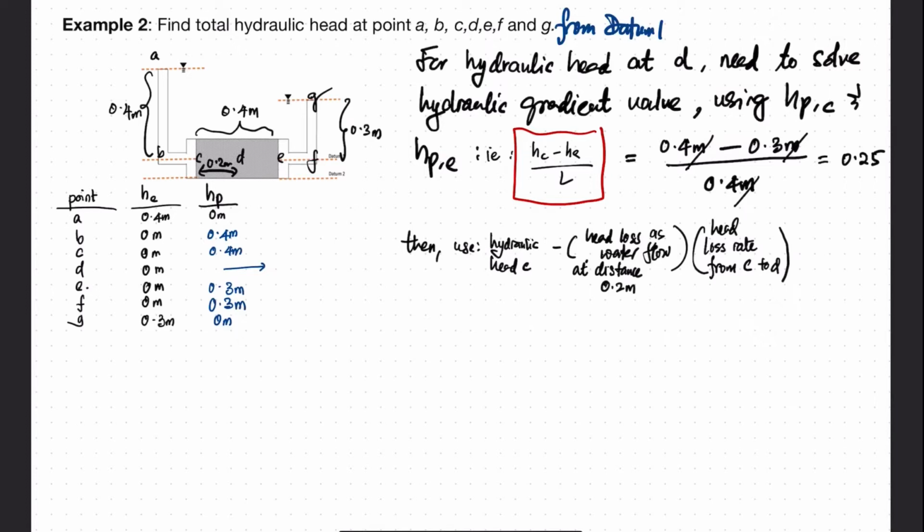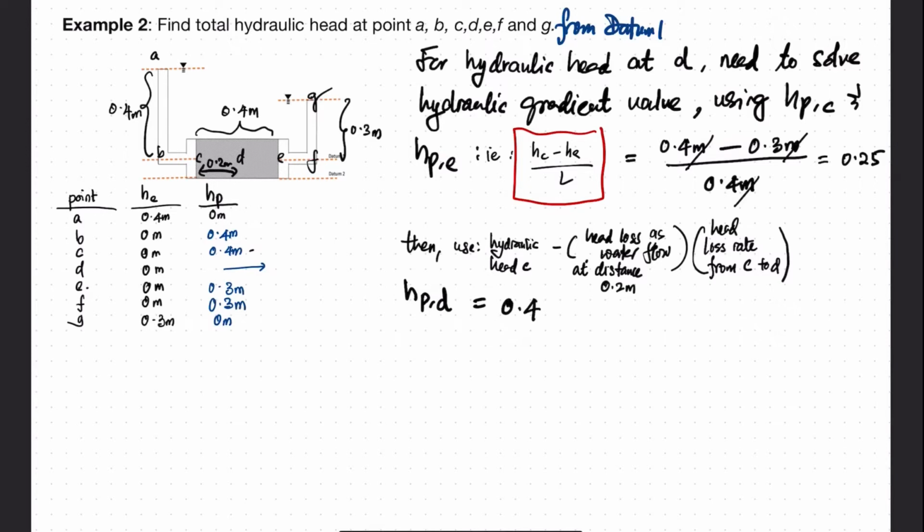You need to correct your calculation of pressure head at D with this multiplication. So down here, how you calculate the pressure head at D, you need to use the pressure head of the point before HD. So here we use hydraulic head at C. Hydraulic head at C is 0.4 meter.